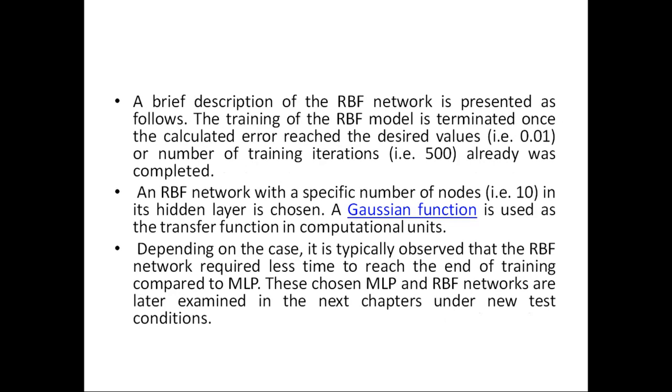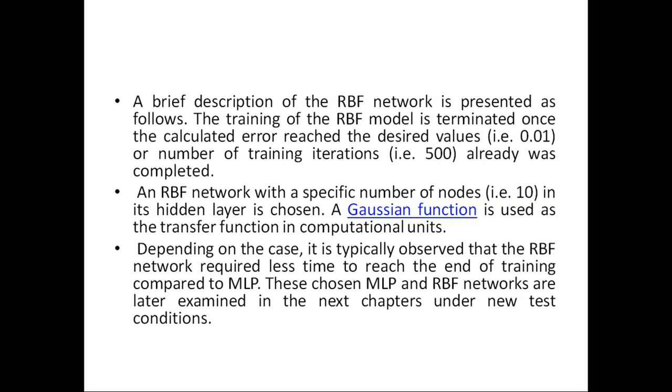A brief description of this RBFN network is presented as follows. The training of the RBF model is terminated once the calculated error reaches the desired value, like 0.01. Whatever the error, our job is to reduce it; eliminating it completely is not possible. So when it reaches a value like 0.01, we can terminate the process.